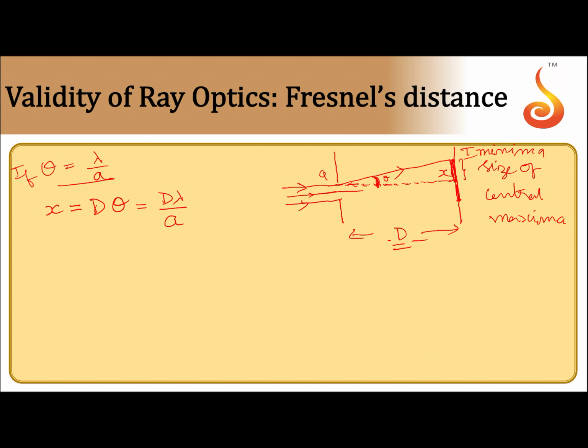Now, here we will define a quantity called Fresnel's distance. Up to this Fresnel's distance, the concept of ray optics, that is, light always travels in a straight line, the rectilinear propagation of light, will be valid.